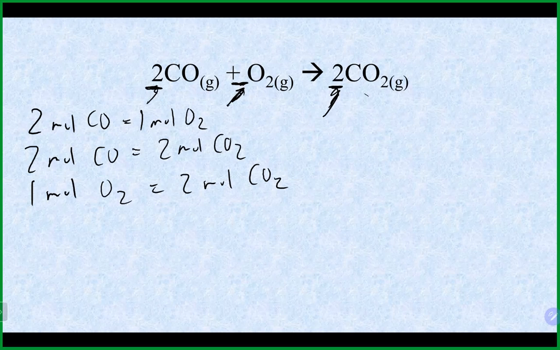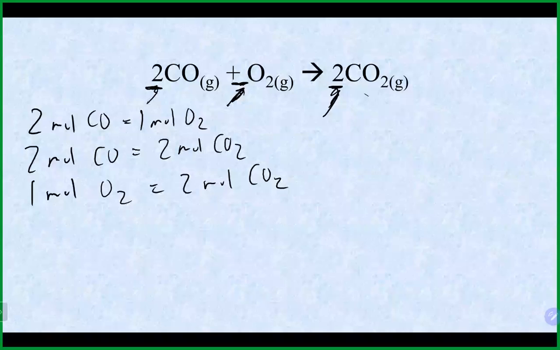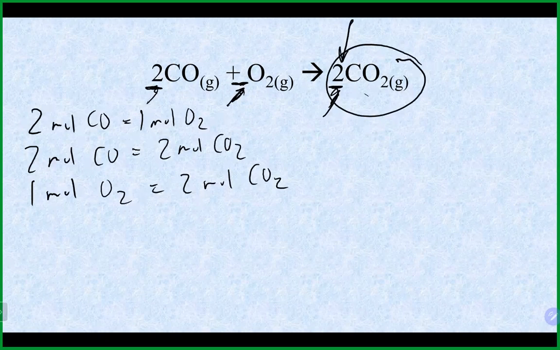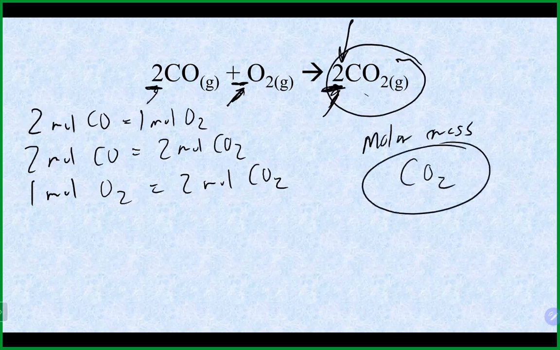The other really important thing to remember as well is when you're doing molar mass, a mistake that sometimes people will make. For example, I did the molar mass of CO2 earlier, and sometimes people will go, well, there's a 2 there. I should add that to my molar mass, and you should not. So whenever you calculate the molar mass from the periodic table, regardless of the coefficient that you see here, it should only be done based on the formula by itself.